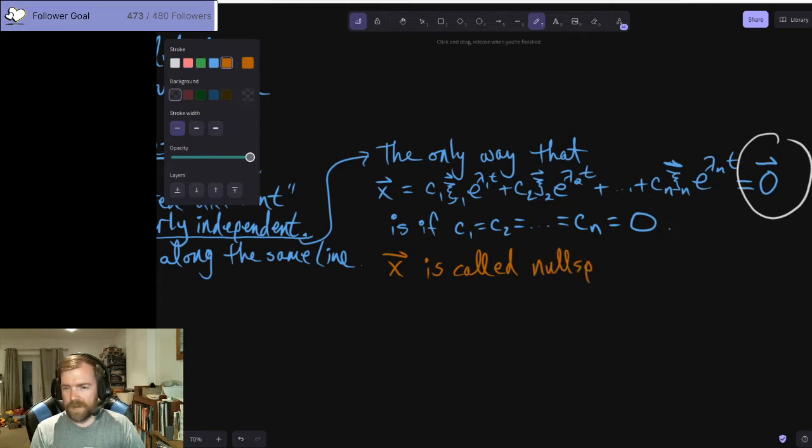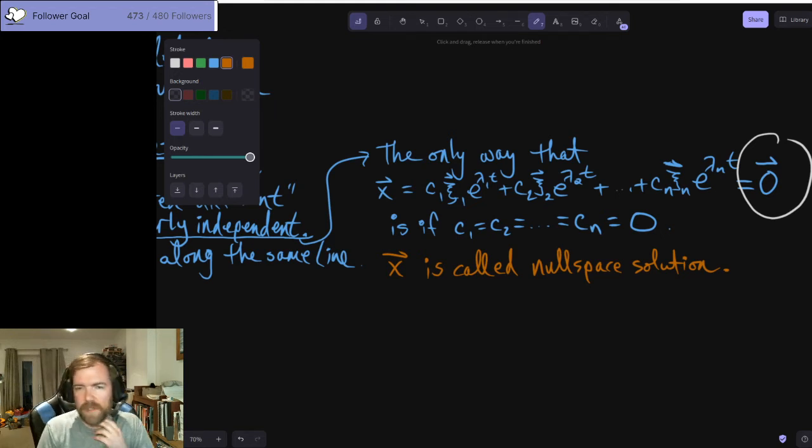Right, the null space of something maps to 0, exactly. Because this particular vector, when we get it all set up into our solution, will map to 0 if and only if all of our constants C are also 0 itself.